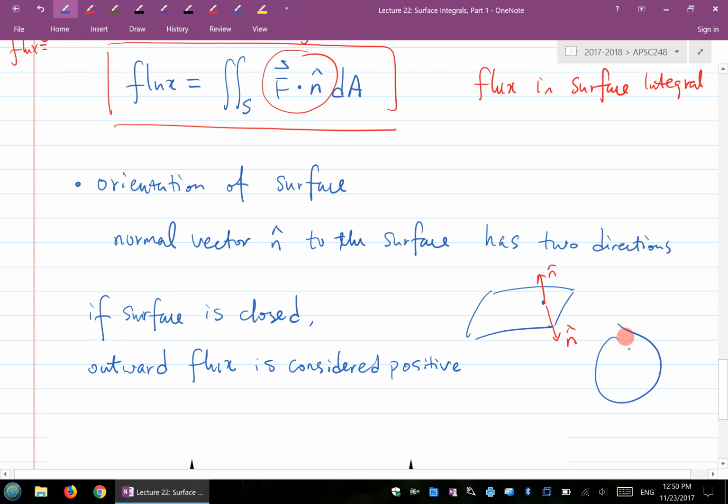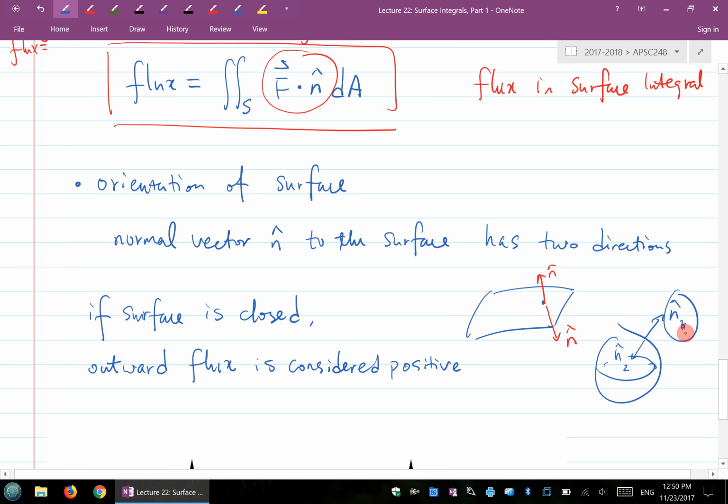For example, if you have a surface here, you have an n hat pointing this way, and an n hat pointing this way. Let's call them n1, n2. If you are required to calculate outward flux, then you need to peg this n hat. That's basically what the orientation of the surface means. So pegging this n hat appropriately.